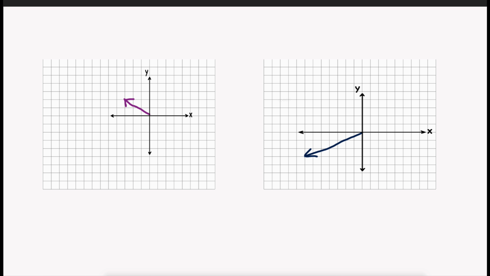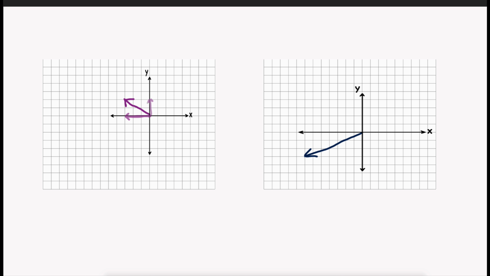For this one, I'm not going to draw the light. You can just imagine the light, but I will go ahead and draw the vector in the x direction. For this one, the vector in the x direction is actually negative. It goes negative in the x direction, and in the y direction, it is still positive.